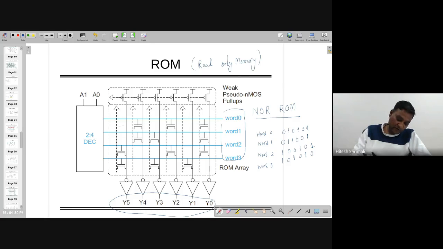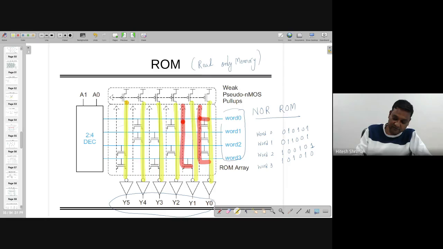So if you are looking at just one output at a time, like Y5, it actually makes the connection with the transistors which are connected to the ground, right? So you can see here that this is the thing which is connected over here, right?